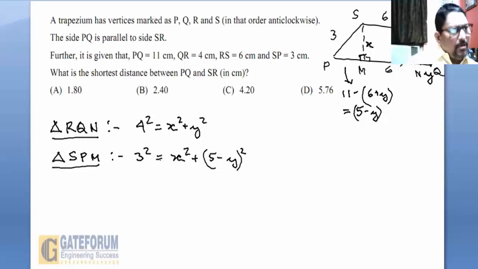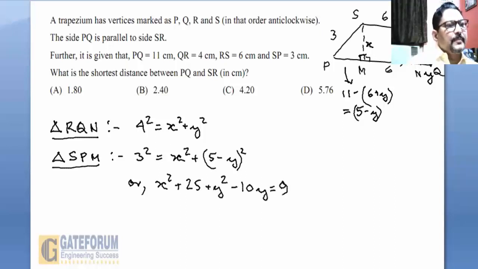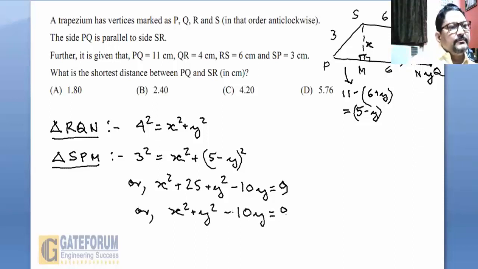square. On expanding this, or rather writing this properly, we can say that x square plus 25, that is 5 square, plus y square minus 10y is equal to 9, or rather x square plus y square minus 10y is equal to 9 minus 25, so is equal to minus 16.